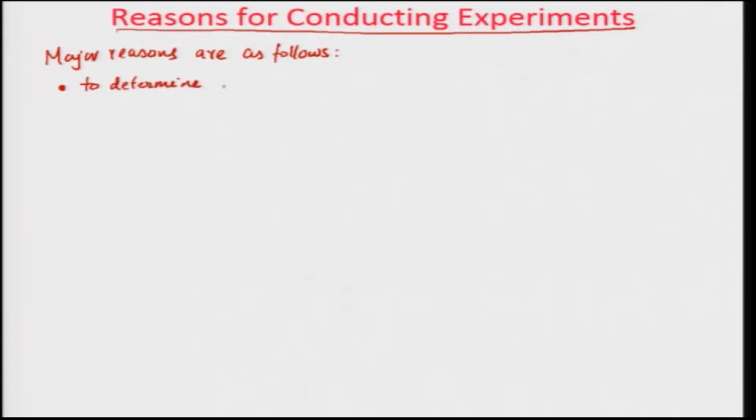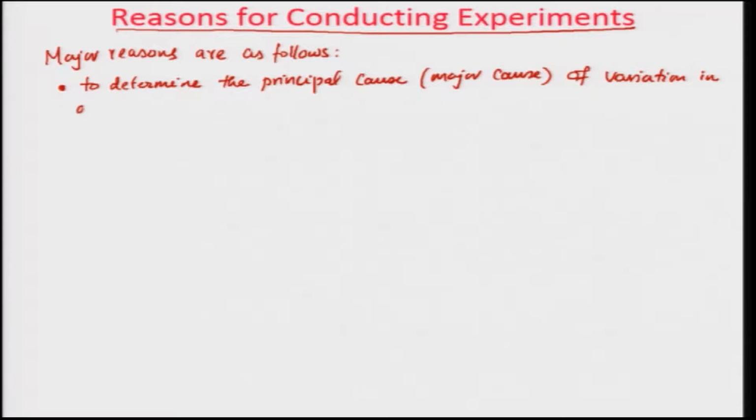The first is to determine the principal cause of variation, colloquially the major cause, in a measured or quantified response.